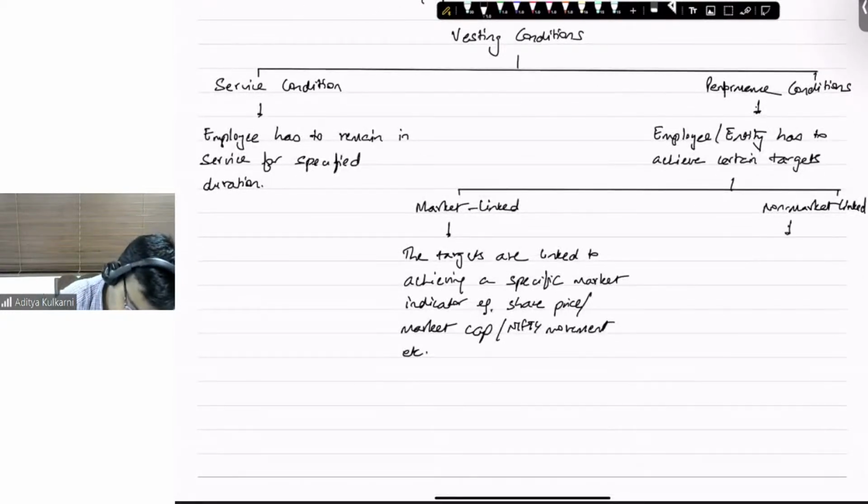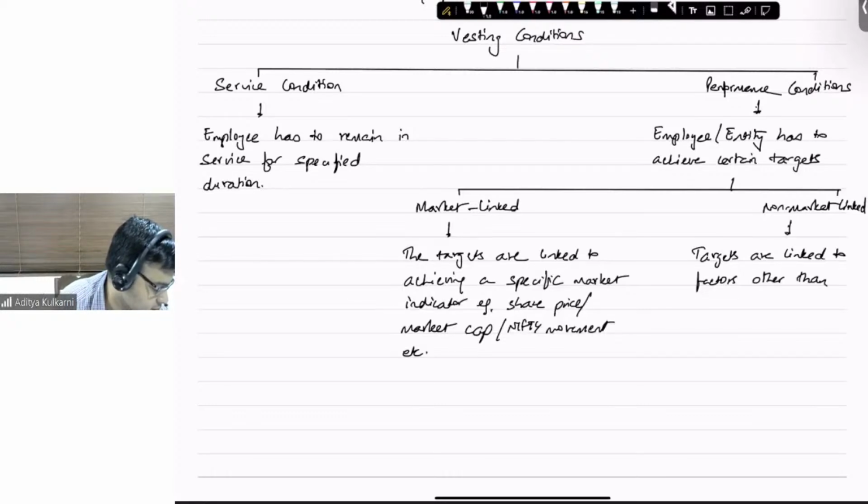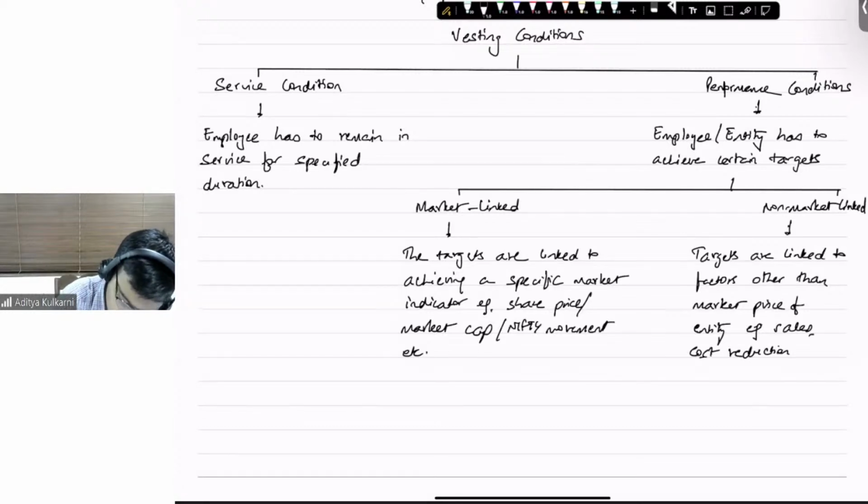In non-market linked, targets are linked to factors other than the market price of the entity. Example, sales, cost reduction, etc. Okay, so this is the meaning of vesting conditions.